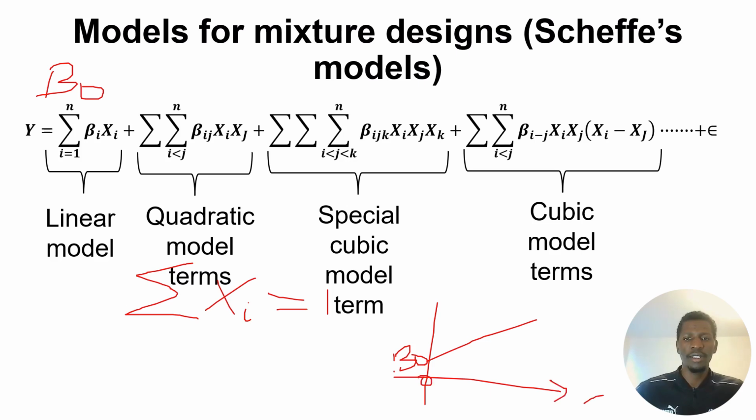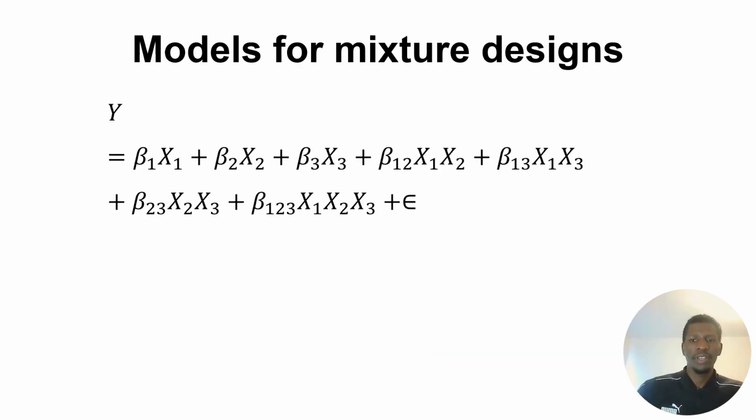This is x and this is y. Then beta 0 is the point on this axis where the value of x is 0. Because in a mixture design the values of x are never 0, there is the absence of this beta term.